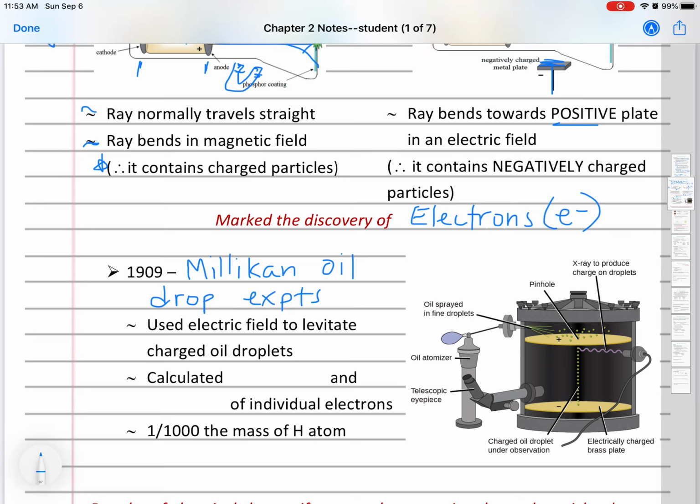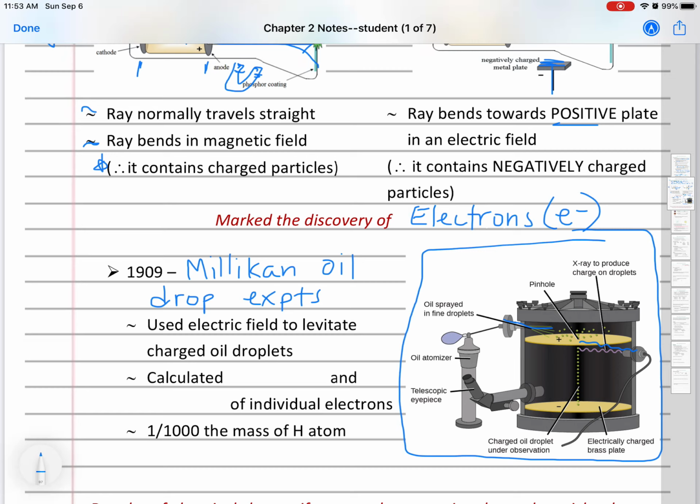What he did essentially is he used this contraption where he was able to spray a fine mist of oil particles, like you might use a PAM or something to spray oil, and he also used X-rays to make those oil particles coated with positive charge.